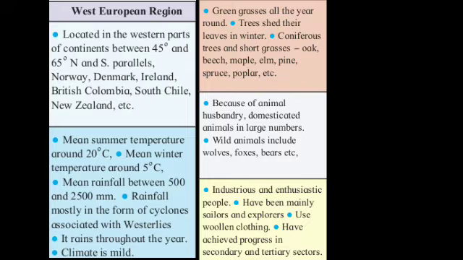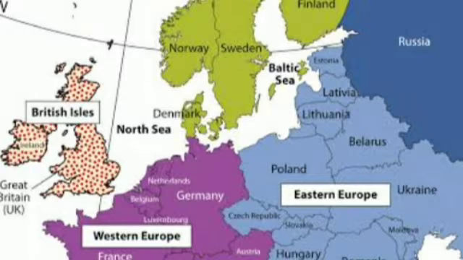Now, see the West European region. Students, this West European region lies in the western part of the continent. That's why it is also named the West European region, because on the western side it is located between 45 degree to 65 degree parallel.